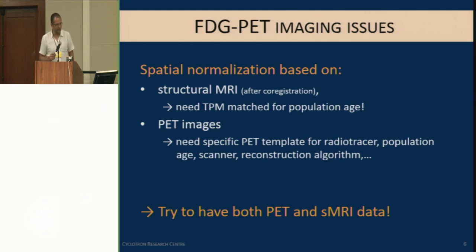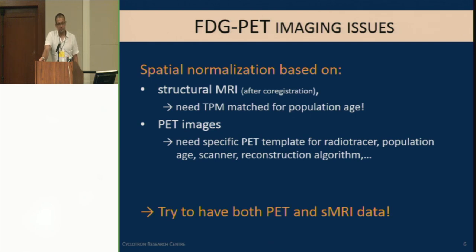And an even more pressing issue is normalization. Because we have all the subjects, we need to bring them into a common space to do our pattern recognition in terms of voxels that are representing the same area of the brain.